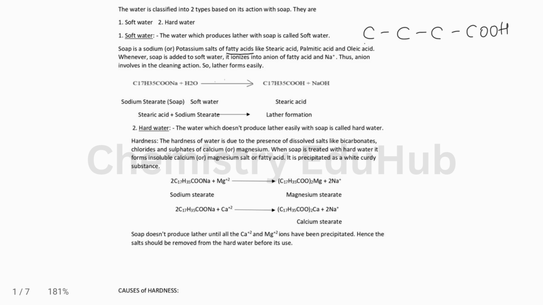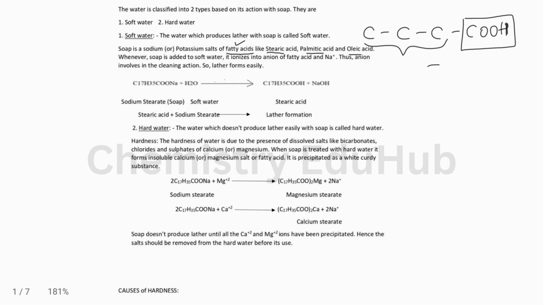So there can be X number of carbons attached to hydrogen, simple hydrocarbon, but at the end we find one carboxylic acid functional group. Such acids are considered to be fatty acids. So here we can use stearic acid, palmitic acid or oleic acid to make the soap. Okay, so there is one functional group, COOH.